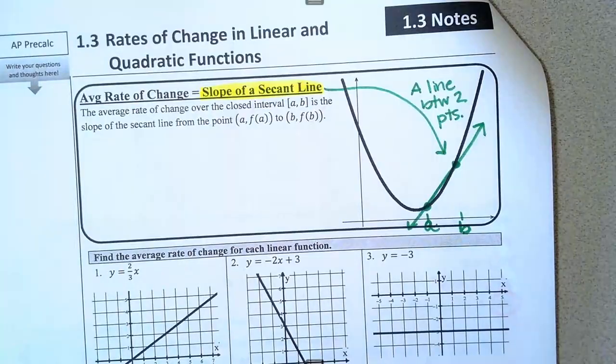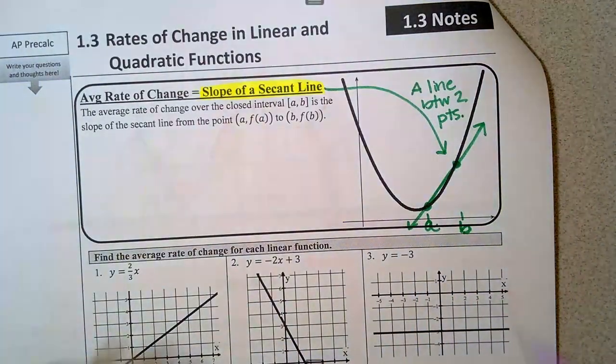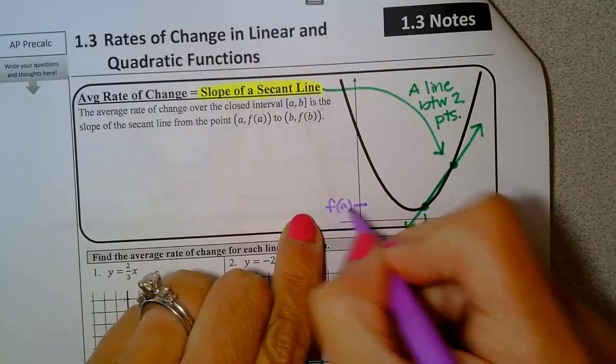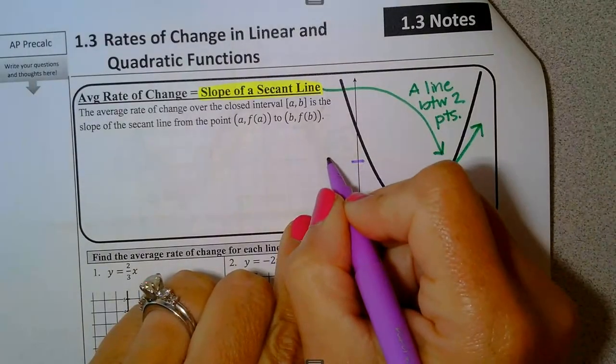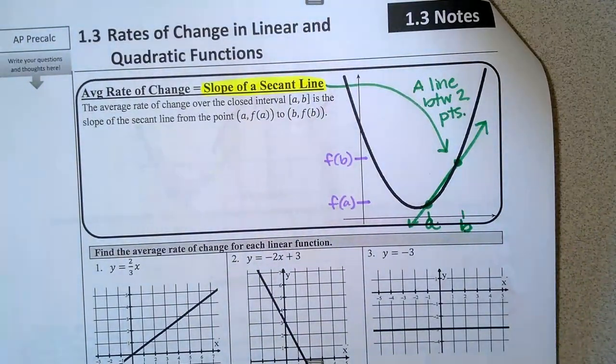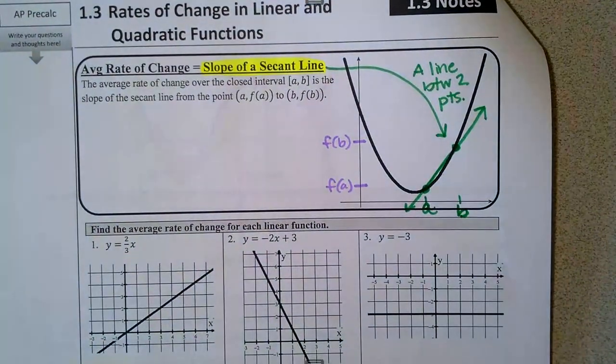Okay, so if I have A and B, the y value of this is going to be f of A, and the y value of this is going to be f of B. Way back when people first started developing mathematics, like Pythagoras, he probably did the Pythagorean theorem hundreds of times, right?